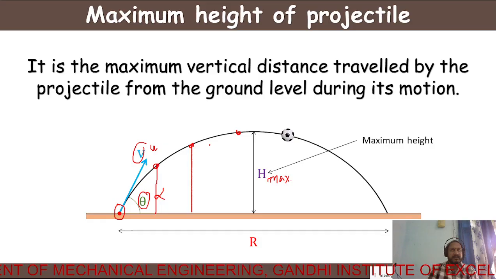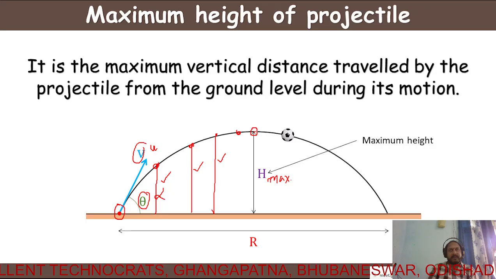It is going on increasing, you can see. But after reaching a particular point, again the vertical distance is going on decreasing, and finally the vertical distance becomes zero when it lands here.